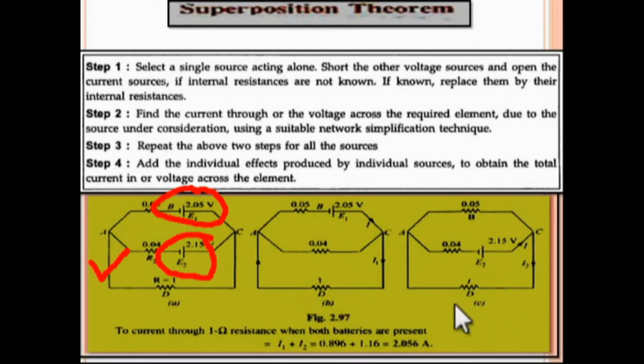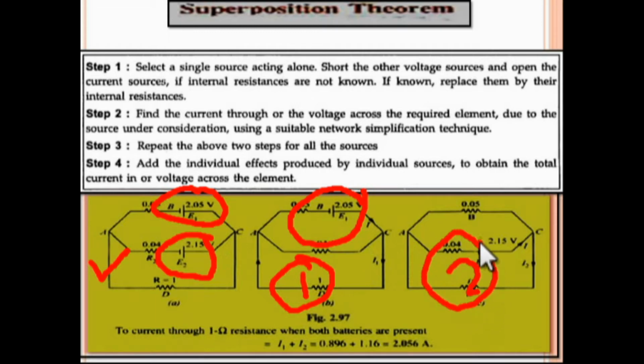You have to select one source at a time, and the other source will be replaced with its internal resistance. Okay, so here there are two sources of EMF. If there are two sources of EMF, so there will be two equivalent circuits like this. This will be number one and this will be number two, as you can see over here.